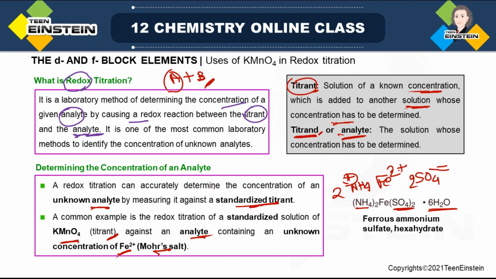Now if you see, total positive charge: 2 NH4+ means 2+, this is also 2+, so total 4+, and total negative charge is 2 into -2, that is -4. So the overall molecule is neutral. So this molecule is used as the source of Fe2+, and this is known as Mohr's salt. Fine.